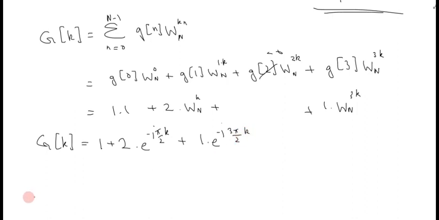So as you know, your k is also from 0 to 3. It means your discrete Fourier transform must also be of length 4. So g of 0, if you put zero in k, will be equal to 4.